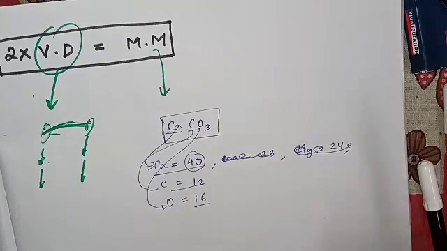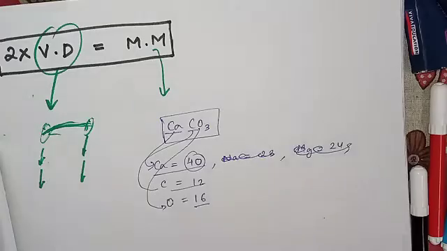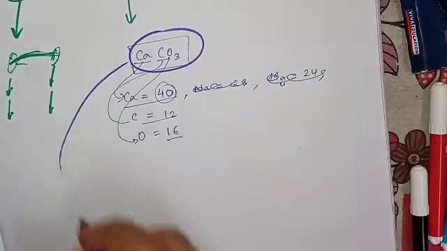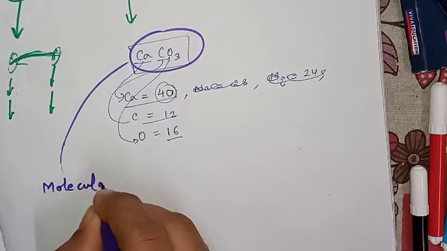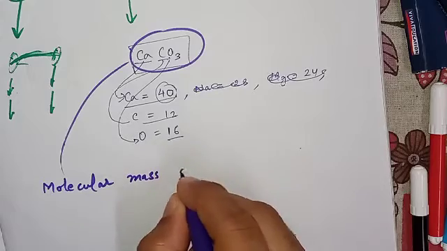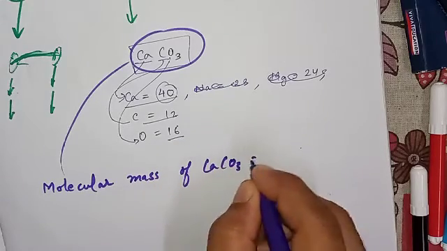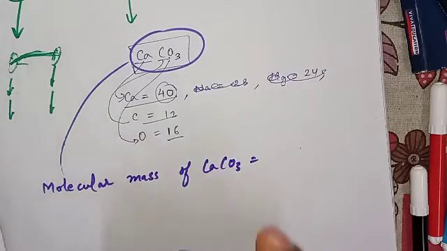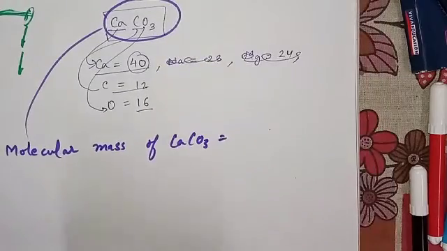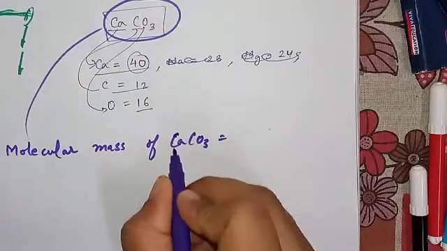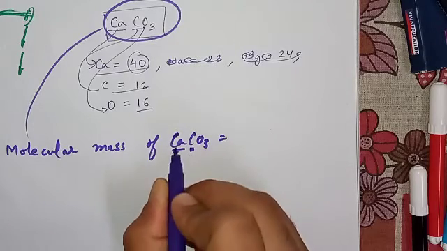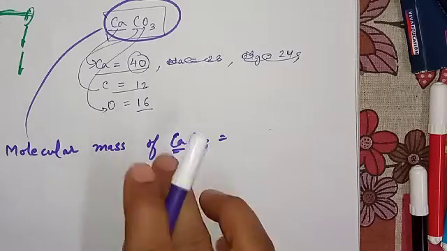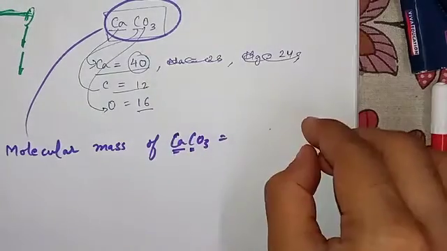The target is to calculate the molecular mass of this molecule. So we write the molecular mass of calcium carbonate, that is, the mass of one molecule of this compound. You can see that we have three elements. So the rule is, first we will write the atomic masses of each and every element.